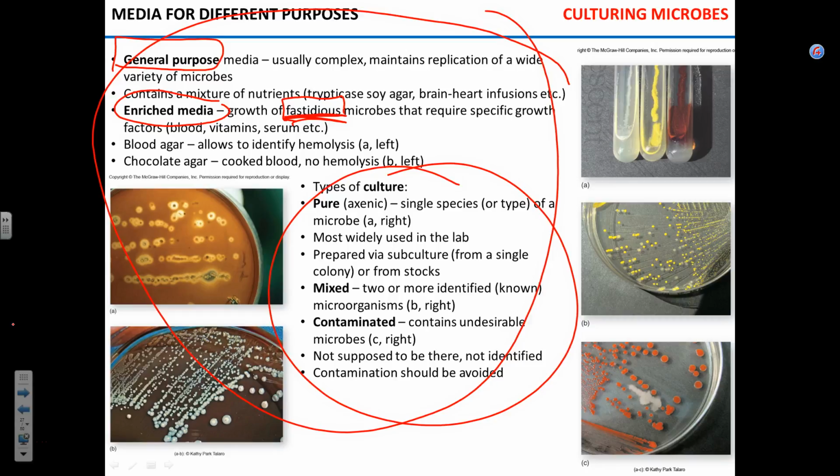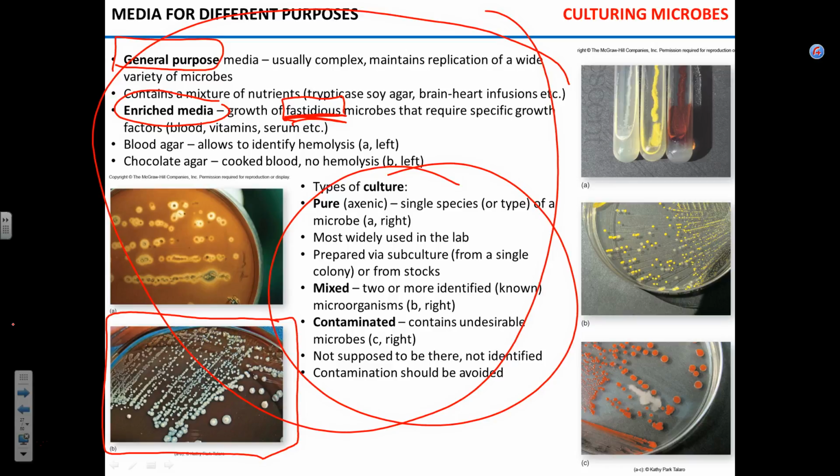One of the examples of a fastidious microbe is the gram-negative cocci from the genus Neisseria. I bet you all know at least one disease that the Neisseria genus causes. It's gonorrhea. Neisseria gonorrhoeae is a causative agent of a sexually transmitted disease.